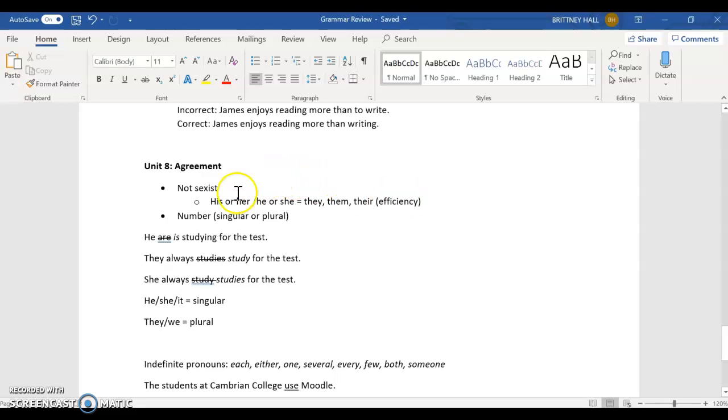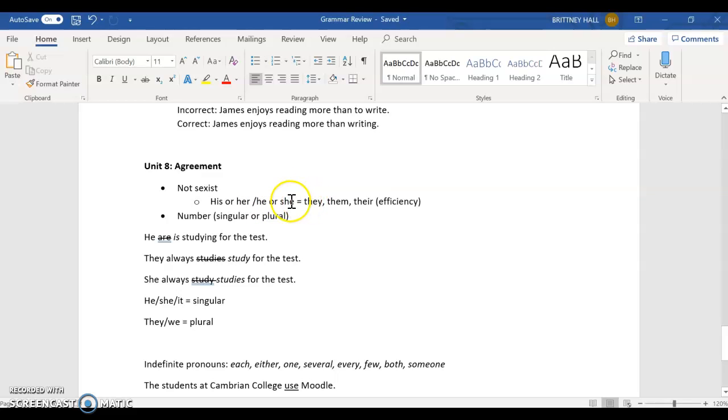So when you are writing and you don't know, let's say you're writing a policy for the workplace: every employee needs to remove his or her food from the shared fridge by Friday or it will be thrown out. Something like that, right? His or her. He or she. This is just a little bit clunky, clumsy.